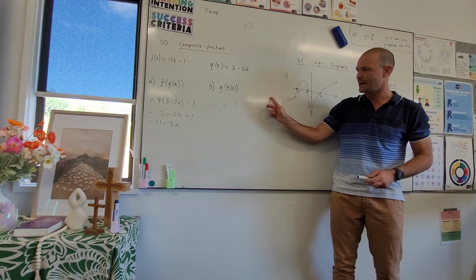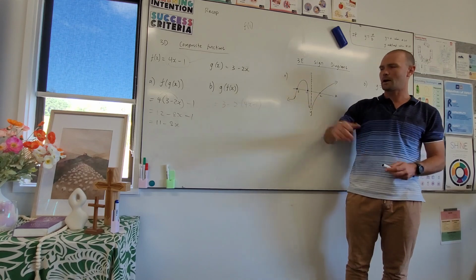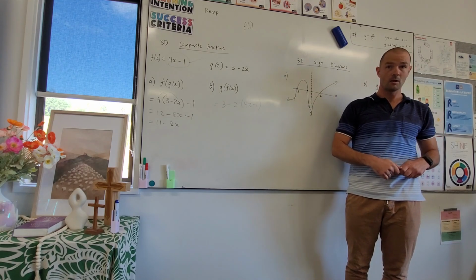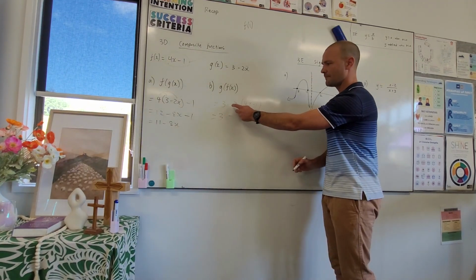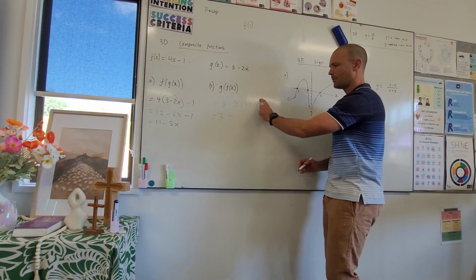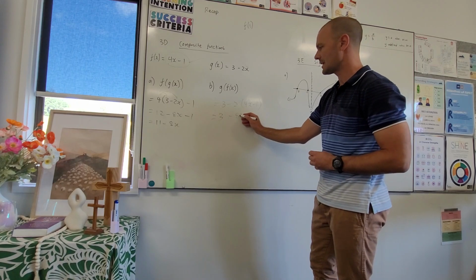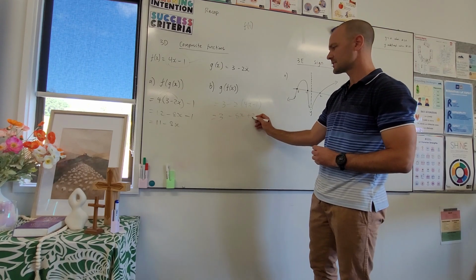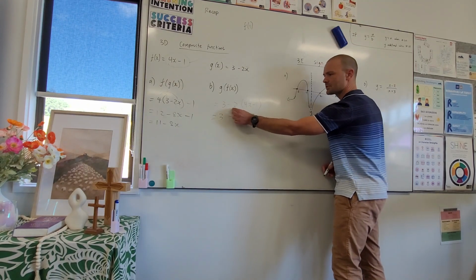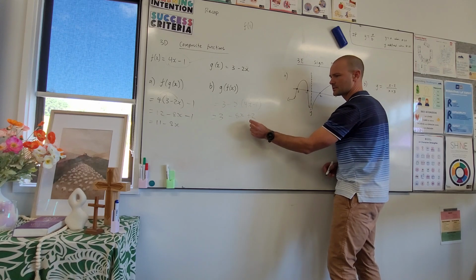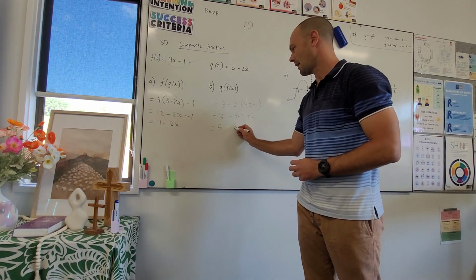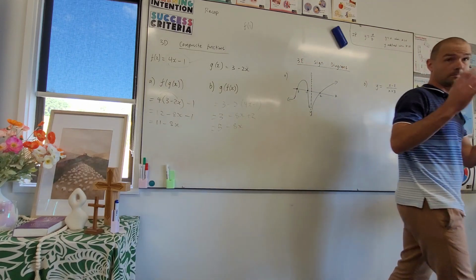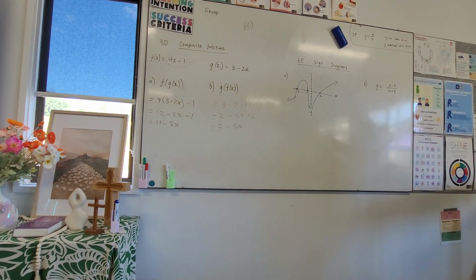Now we have to have brackets because it's 2 multiplied by the whole thing. We'll then expand this bracket, so I'm going to have minus 2 multiply both of those. That's going to give us minus 8x and plus 2. Minus 2 times minus 1 is plus 2. And this will collect to 5 take away 8x. Very good. Okay, composite functions, everyone feeling okay with it?